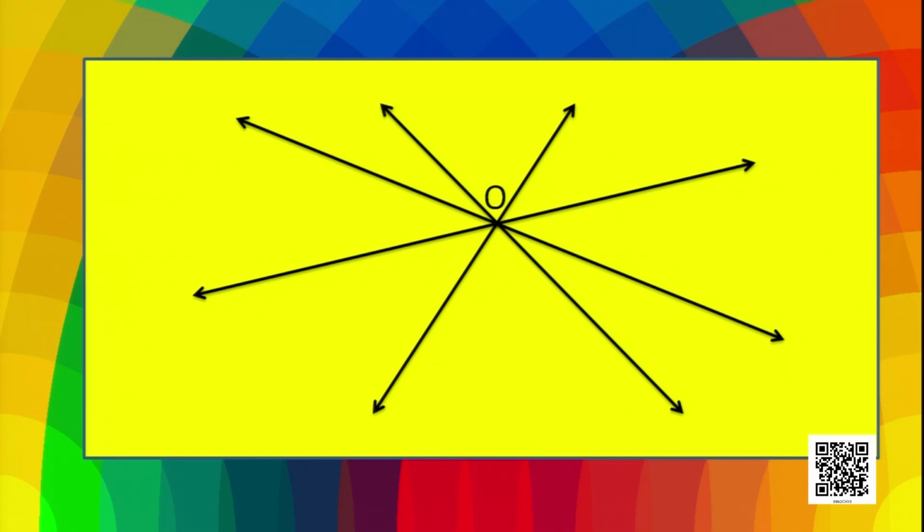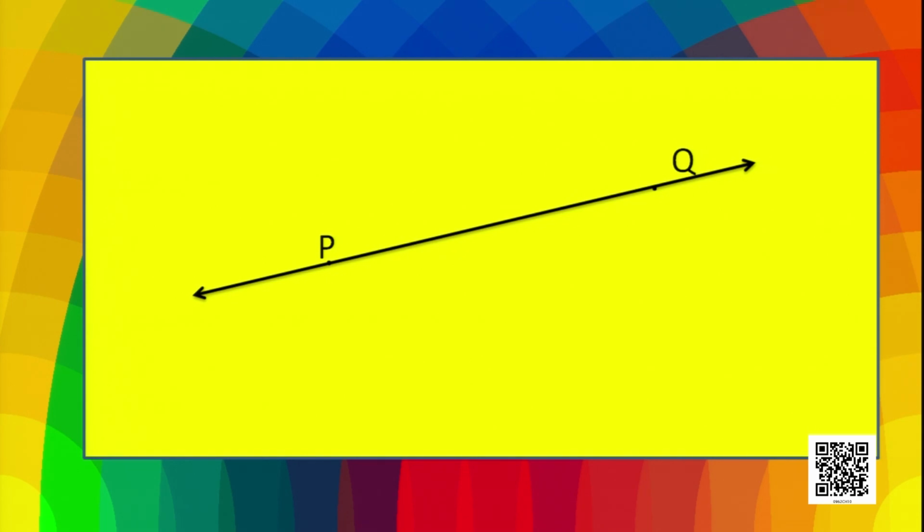Here the point is O and we have drawn 4 lines, and we can draw many more lines through O. Now let's see how many lines can be drawn through 2 points. As you know, we can draw only one line through 2 points. Here P and Q are 2 points and we can draw only one line through P and Q.